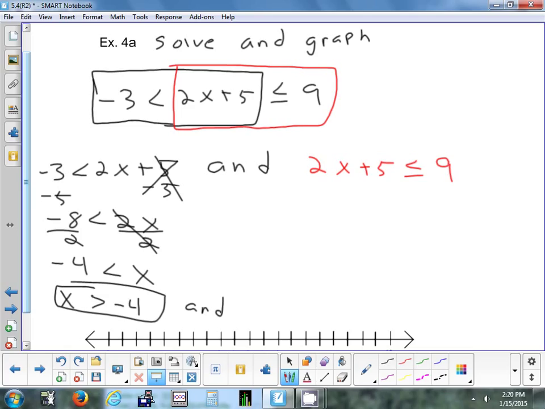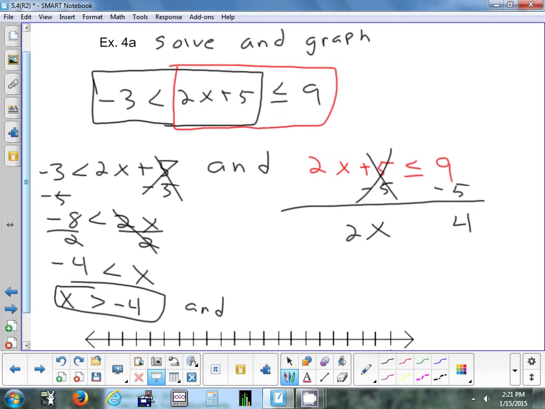And. Okay. Second part. Who can tell me my first step here? Subtract the 5. Notice your first step on the other one. Subtract the 5. The steps are going to be the same. Exact same steps again. Minus 5. What's 9 minus 5? 4.